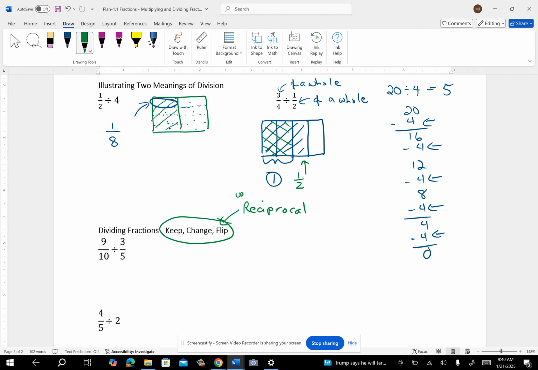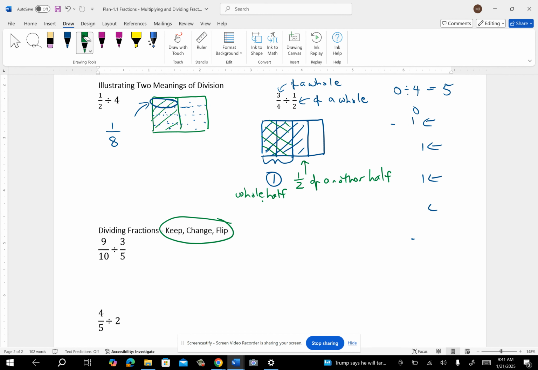So that's one whole half, and then half of another half. So you know what the answer is to this question? How many halves are there in 3/4 of a whole? The answer to this question would be 1.5. Okay. So I'll just get that erased over there.